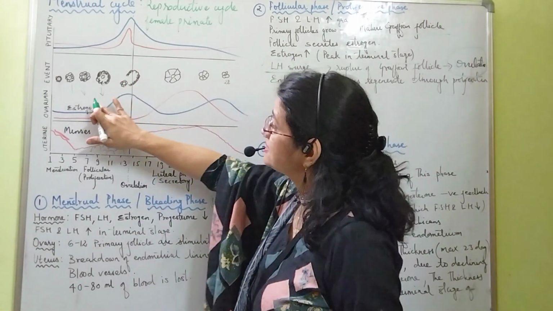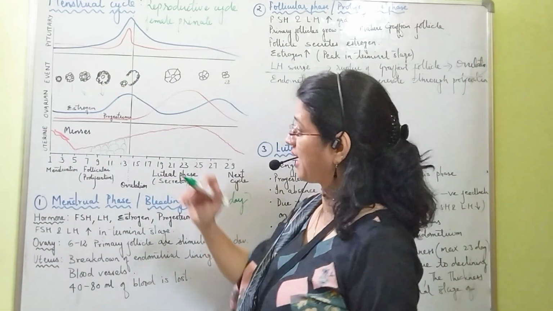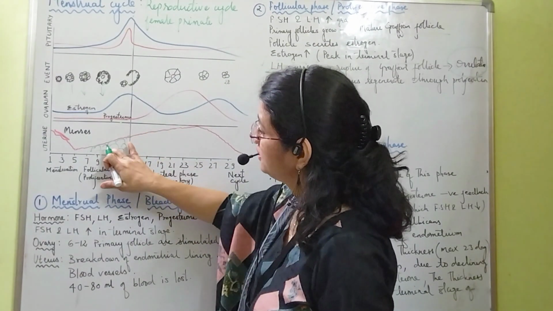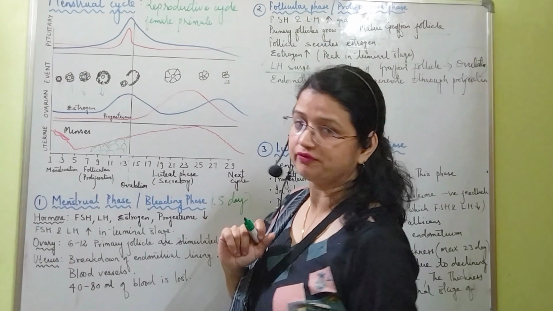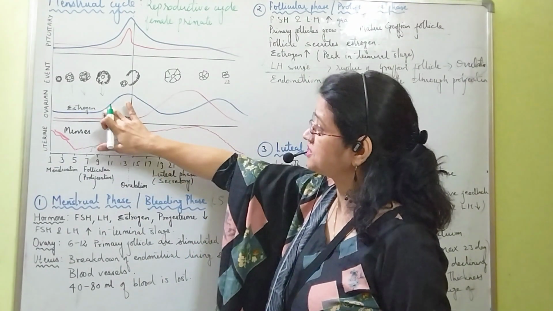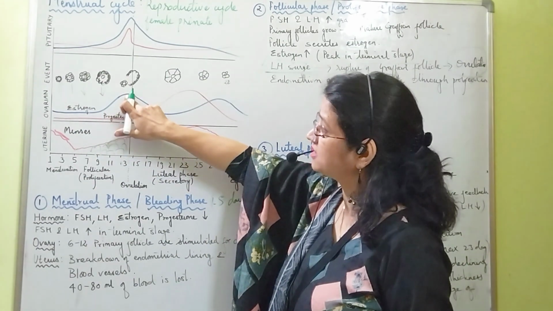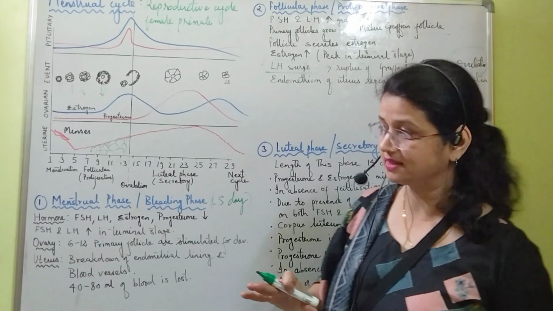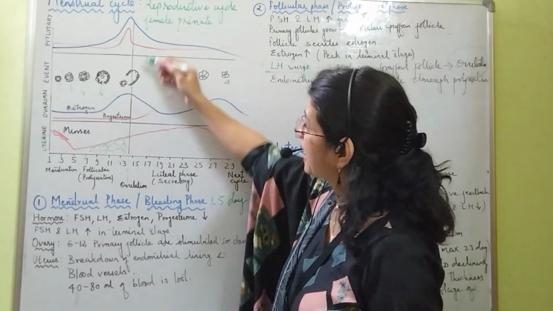Due to the increase in estrogen, there will be thickening of the endometrial lining of the uterus. It will become spongy. Clear? Estrogen level will be at its peak at the terminal stage of the follicular phase. I think it is clear. Now on the 14th day, what happens?